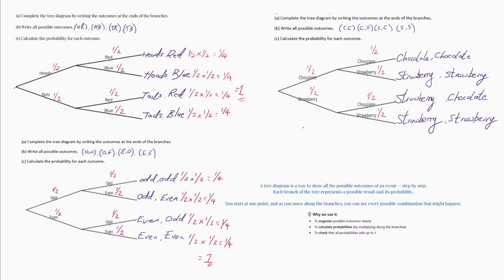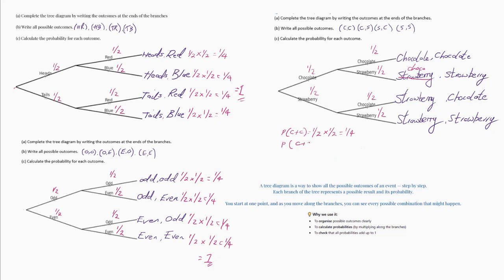I can't work it out because I've got no space. But as you can imagine, it is going to be exactly the same. So I'll write it in full actually here. The probability of chocolate and chocolate equals a half times a half equals 1/4. Probability of chocolate and strawberry. Just notice actually that's not strawberry, that's chocolate.